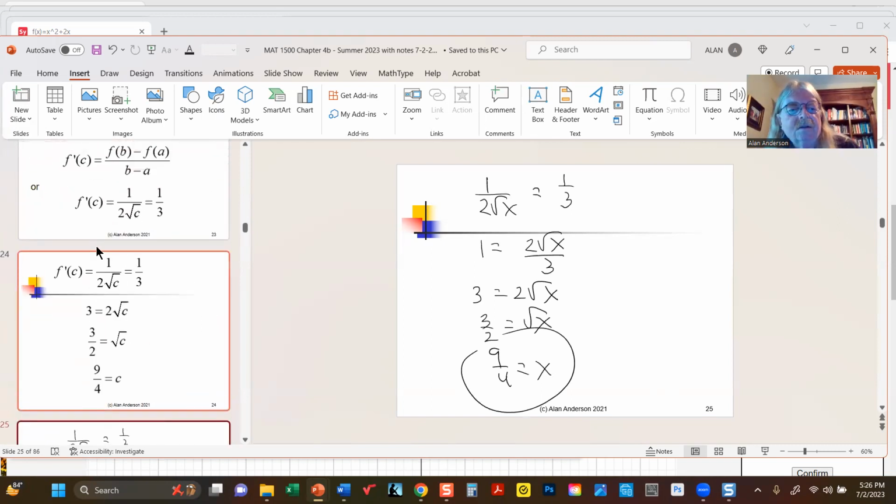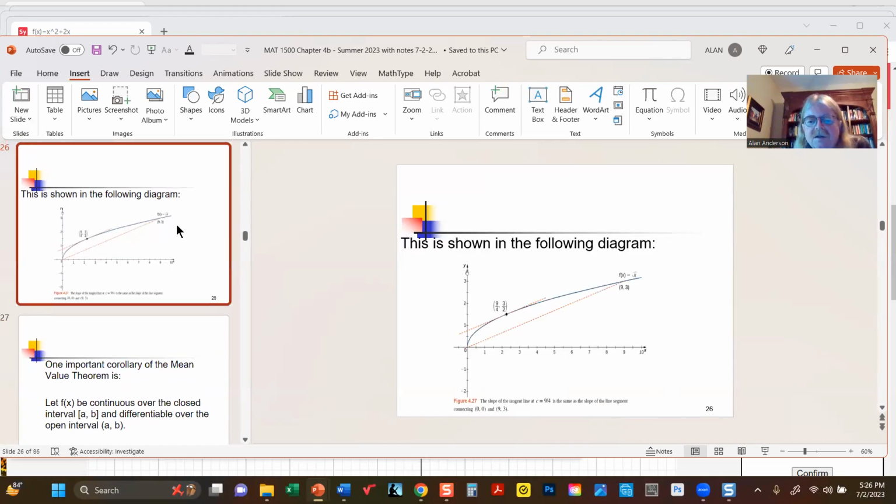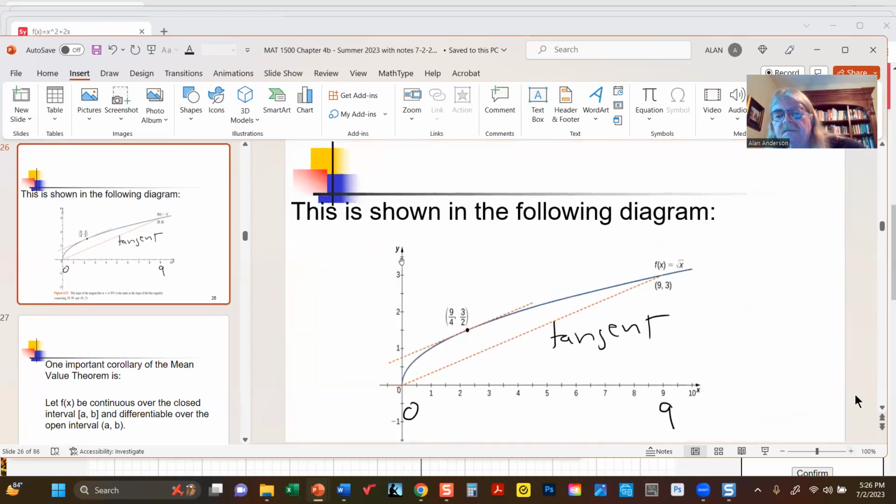So in other words, and here, by the way, here's the graph from the book, which shows us this. So here's 0, here's 9. Here's the tangent. Let me make this a little bigger so you can see it better. And it turns out that x equals 9/4 is here.